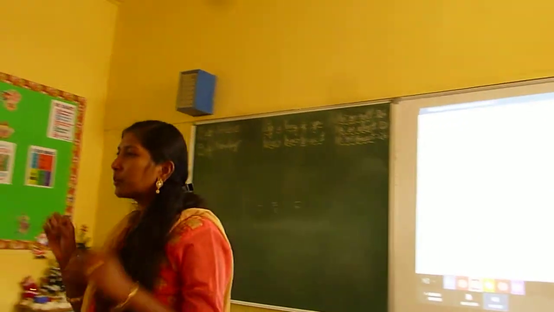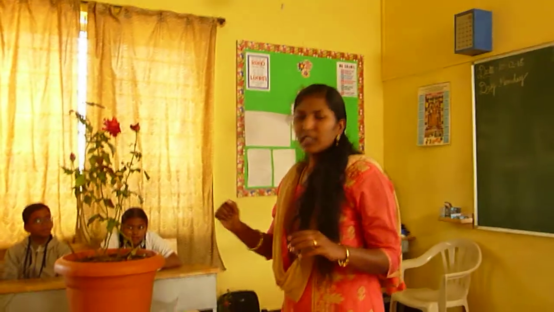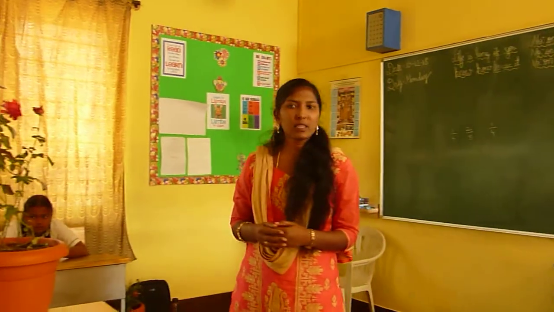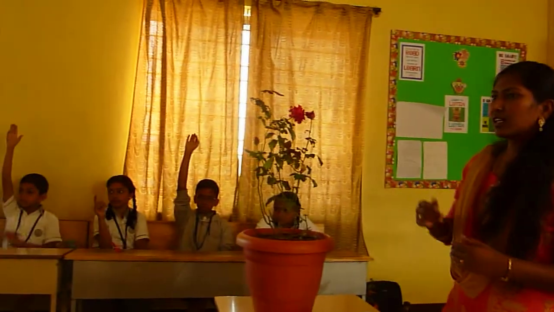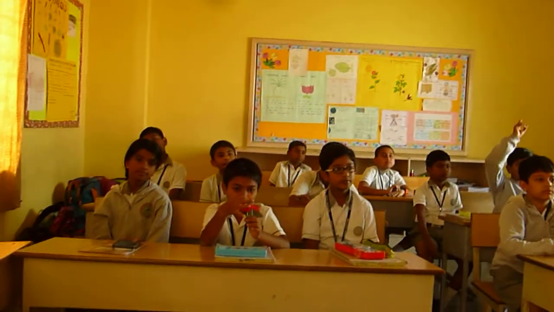So next let us discuss the agents of pollination. Have you observed the insects, the bees, the butterflies moving around the plant? To which part of the plant do they move? Flowers. Very good. Why do you think the insects move only to the flowers?